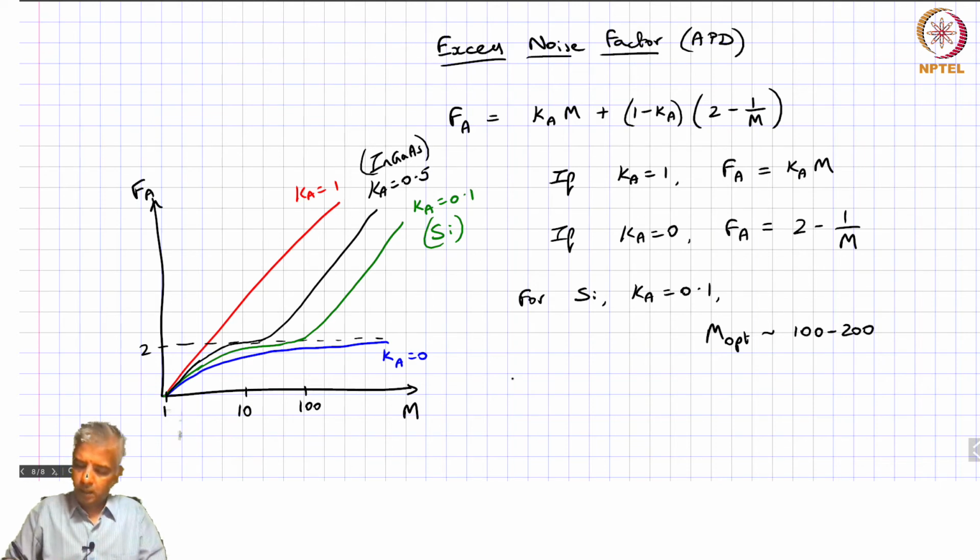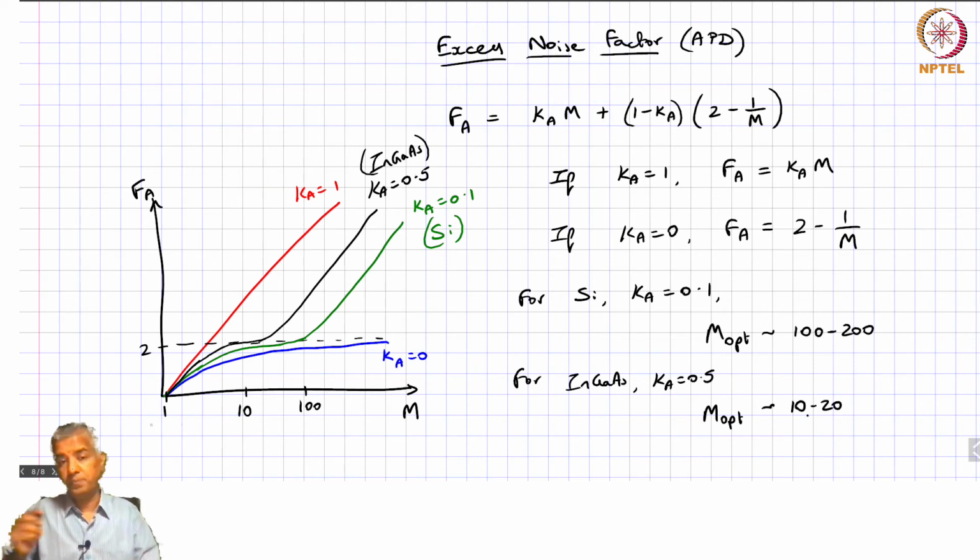Okay. In contrast, for indium gallium arsenide, Ka equal to 0.5, we are tracking this curve over here, and what that tells you is that M-opt is going to be more in the order of 10 to 20. Okay. So with indium gallium arsenide, you are not going to be able to use an APD with much higher values than these.